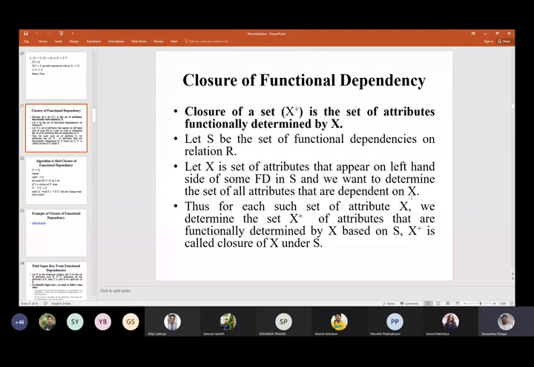For each set of attributes X, we determine X closure, the attributes that are functionally determined by X based on the set S. So again, I have some examples for the closure property. We'll study closure of a particular functional dependency so that we can work with a relation and check whether it's going to be a lossy decomposition or lossless decomposition.